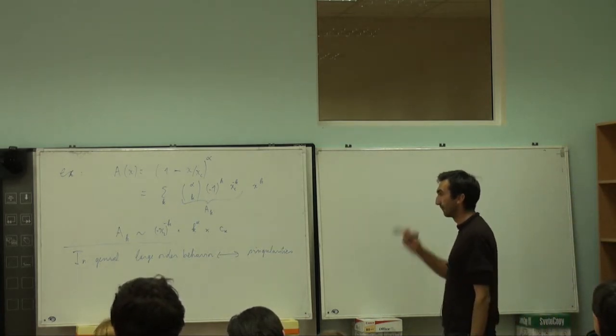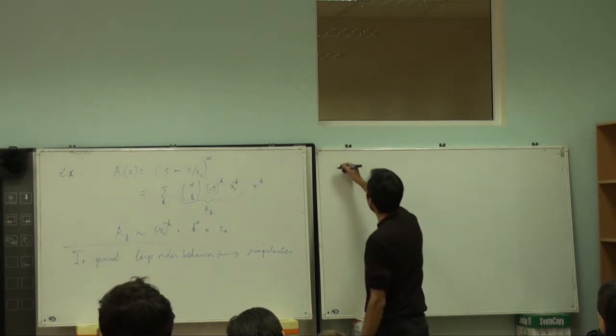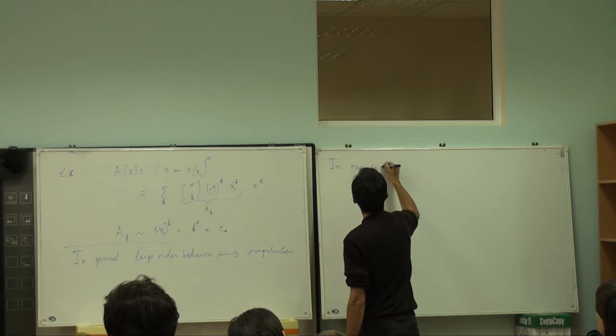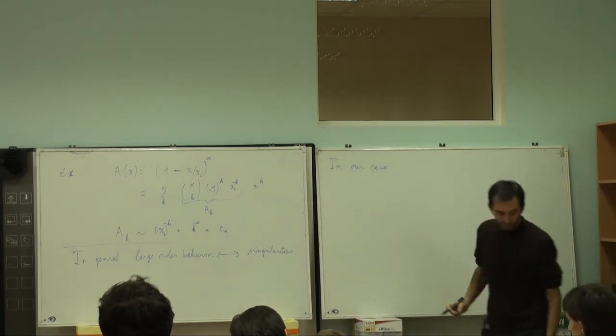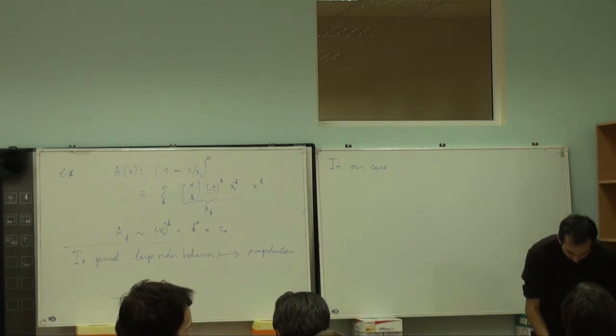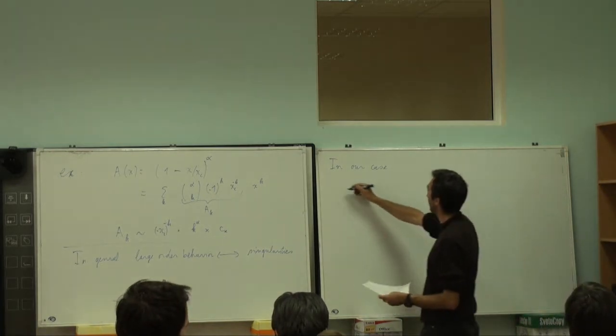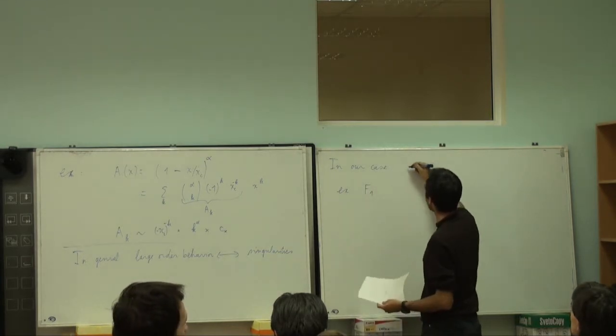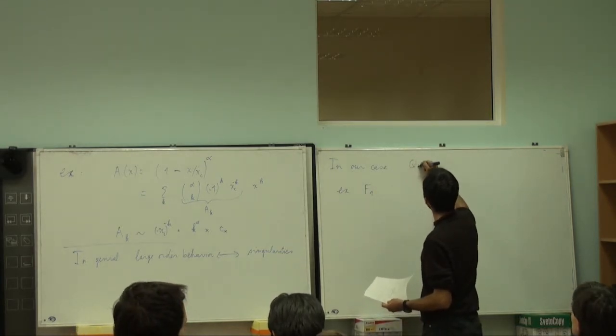So in our case, let me give you some examples. Let's see our F_1 for quadrangulations.